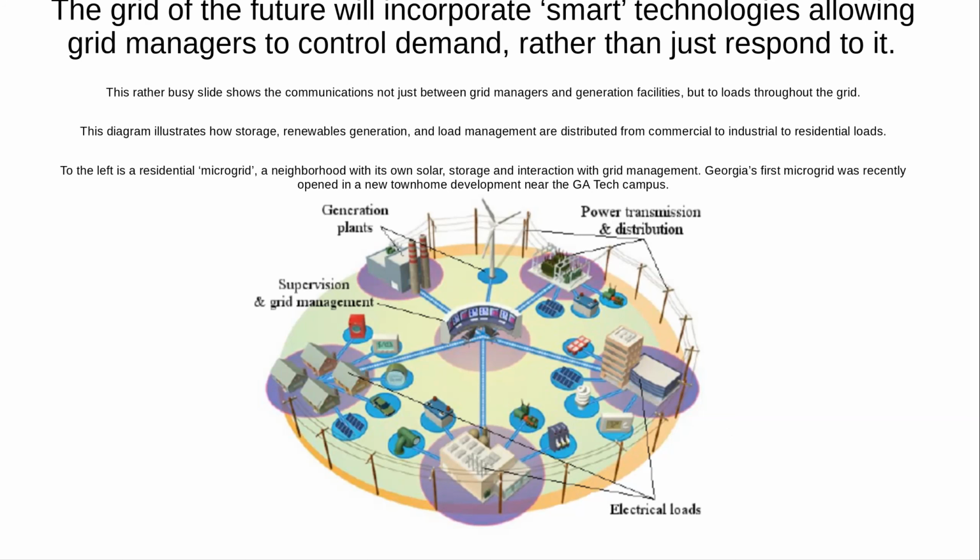We have all the elements to do it, but there's a lot of marketing to be done. Ideally, we should all have a little control panel in our home that lets us interact with grid managers and let them interact with our appliances. And there'll be a lot of pushback from some people.